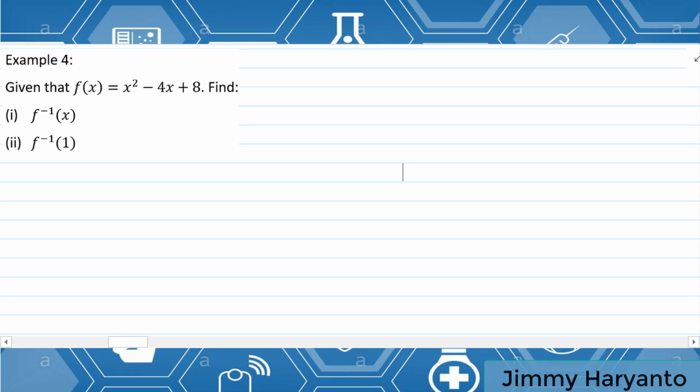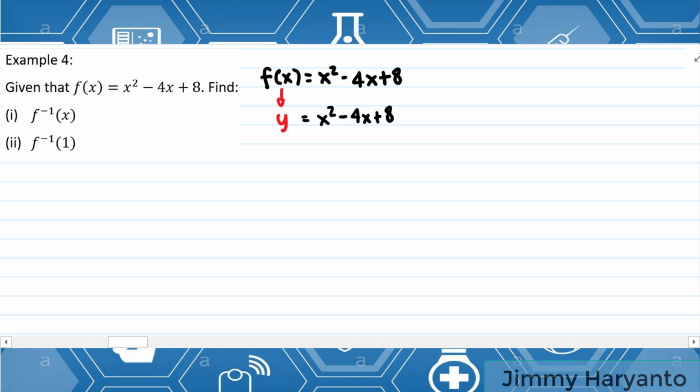Okay, so for this quadratic function, it's also a little bit complicated because you have to use completing the square. Yeah, I hope you remember how to complete the square of a quadratic function. Okay, f(x) equals, the first step is change this one into y equals x squared minus 4x plus 8.